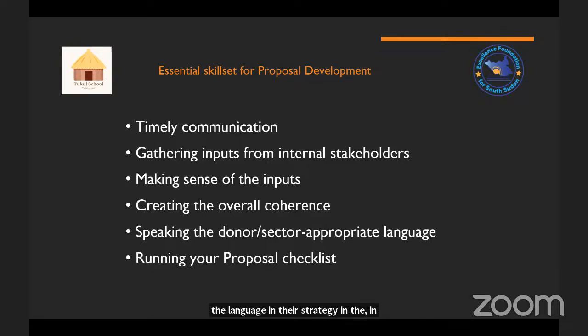Or if it is an emergency project, make sure the proposal speaks emergency, like making sure you use terms like, this is a life-saving response, meeting immediate needs, life-saving interventions. But if it is a long-term proposal, you don't need to use terms like life-saving activities. You're looking at resilience building.